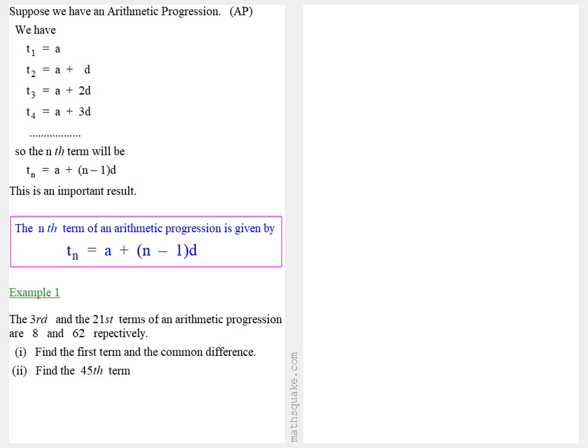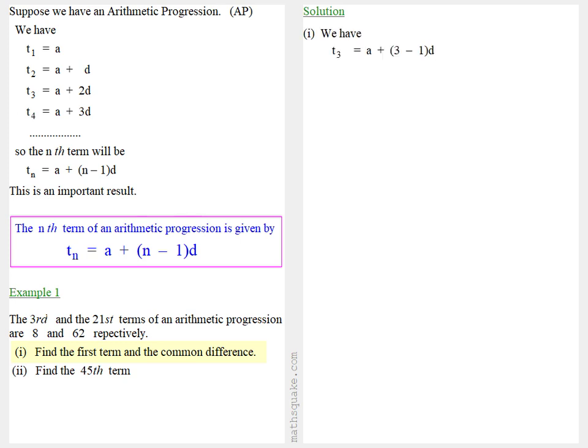Let's look at an example. The third and the 21st terms of an arithmetic progression are 8 and 62 respectively. Find the first term and the common difference, and also find the 45th term. Now in part 1 we're asked to find the first term and the common difference. We have the third term is equal to 8.